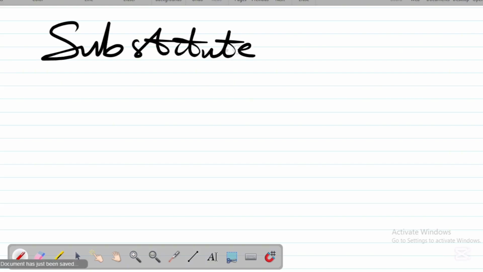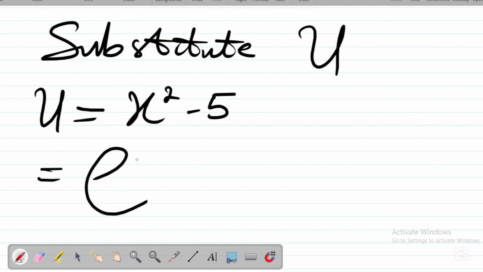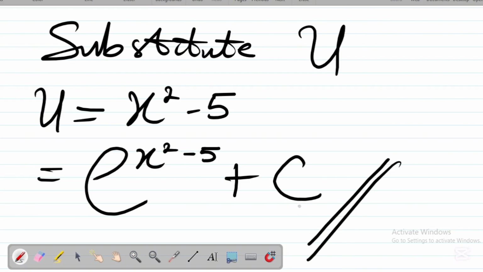So our next task here is to substitute the value of u, where u is x squared minus 5. So if you substitute the value of u, you would have exponential x squared minus 5 plus c. So this is our final answer.